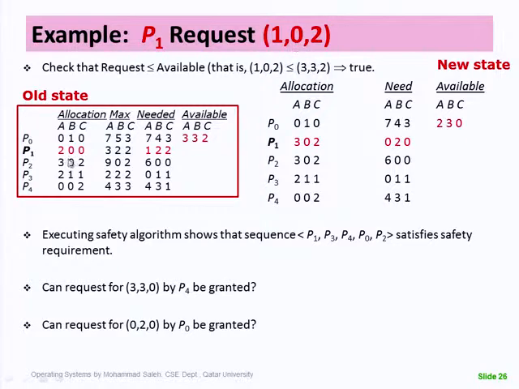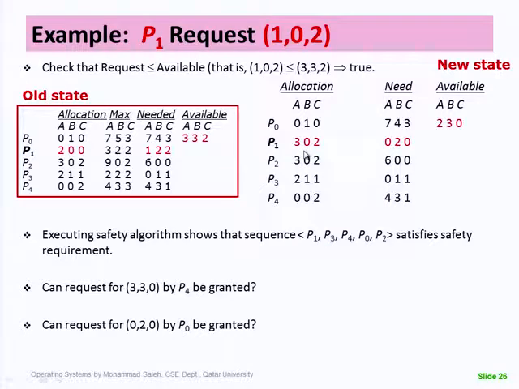So we're going to add the request to allocation, and by that, the allocation of P1 will be 302. Is it clear? Subtract the request from needed, subtract it from available, add the request to allocation of that particular process. Now, this is a new state.